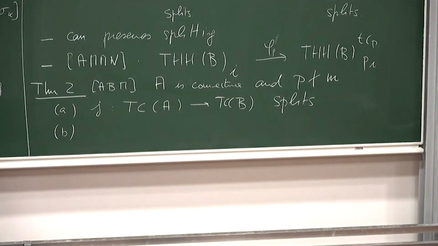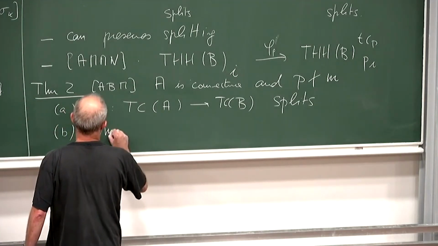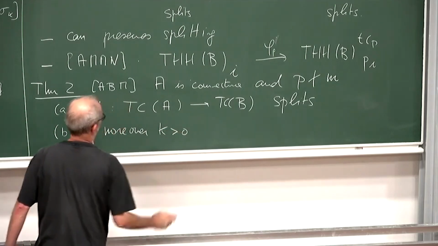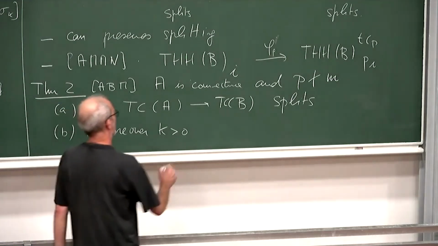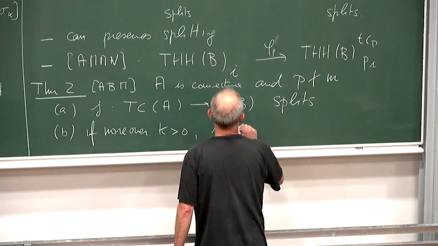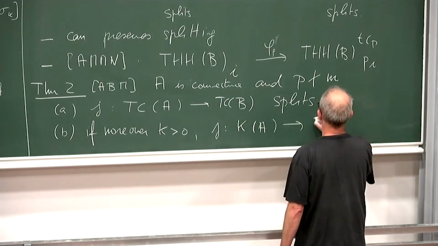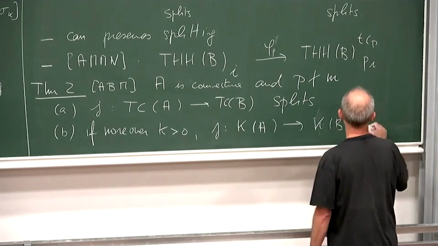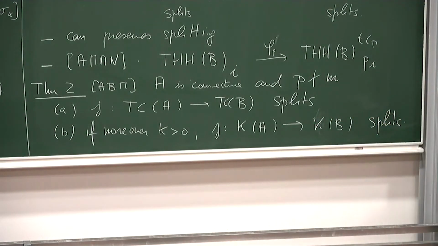And B, if K is positive, K was the degree of the root that you have adjoined. This also splits, okay?